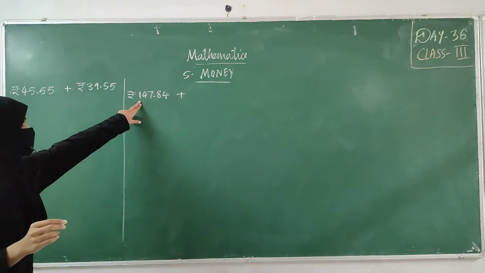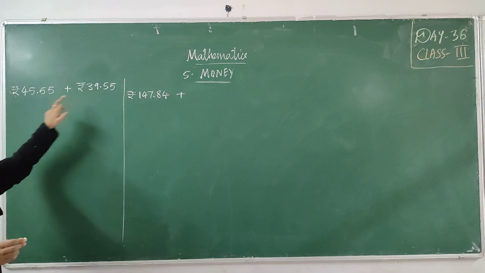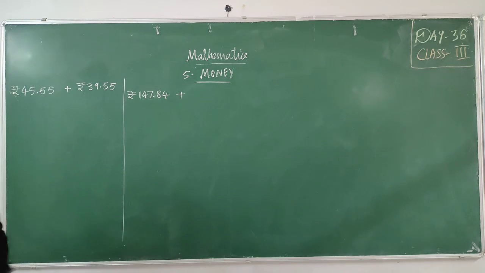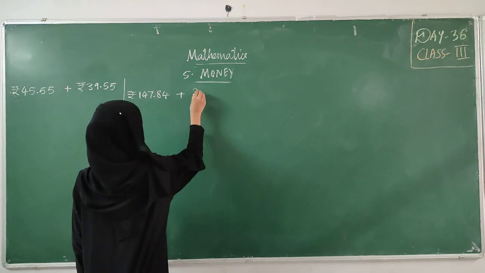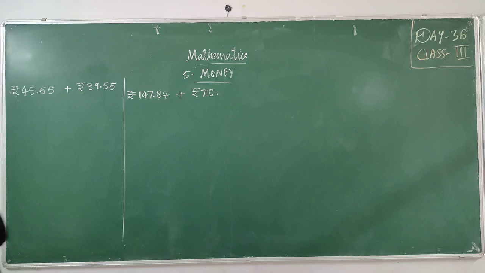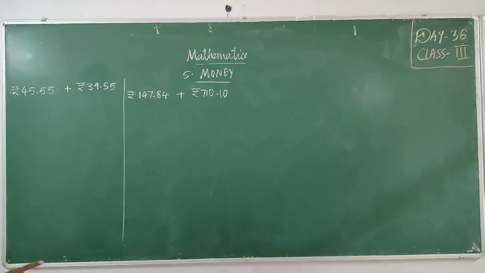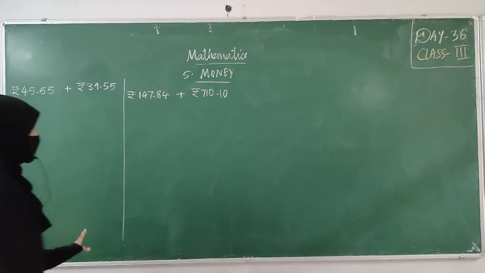So rupees 147.84 paise, rupees 39.55 paise, rupees 45.55 paise. Then we are going to add it to rupees 710.10 paisa. For paisa we are not writing a p over there. Fine. Now these two questions we are going to solve for addition.